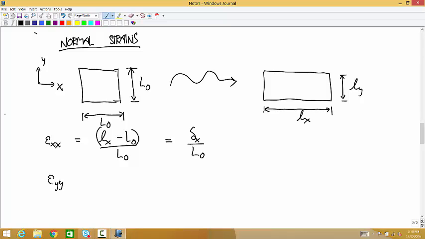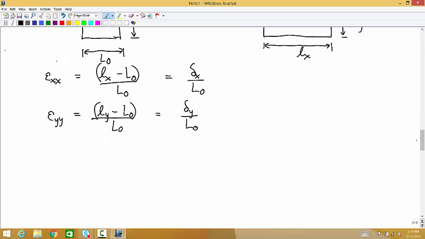Epsilon yy, the yy strain, is Ly minus L sub 0. There's no surprises here, they're all just the same, just using the x or y or z length. So that's the change in the y length divided by L sub 0. And then same thing with z.